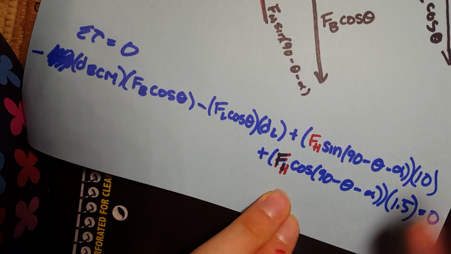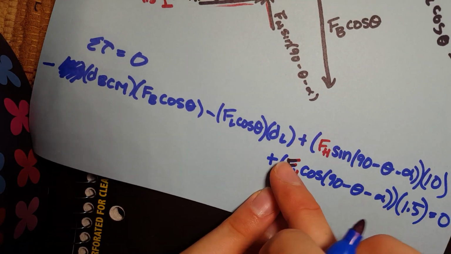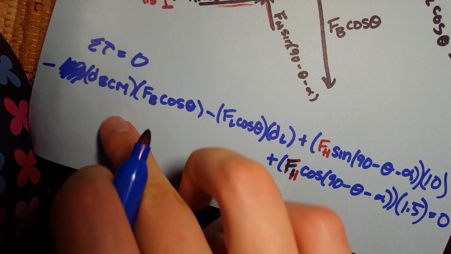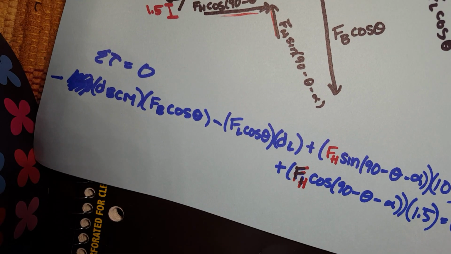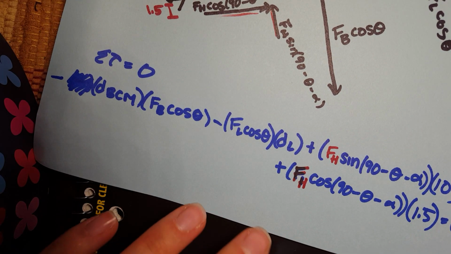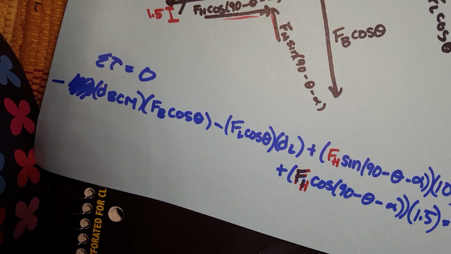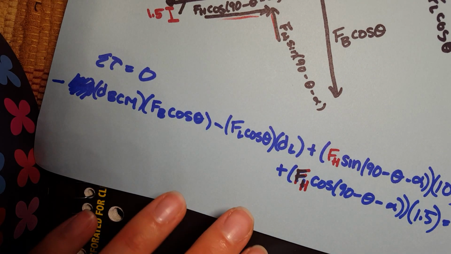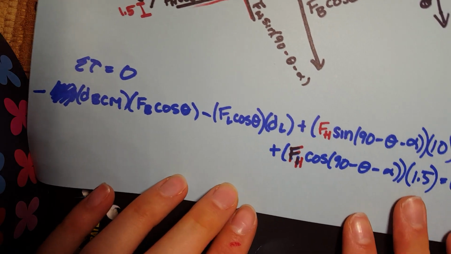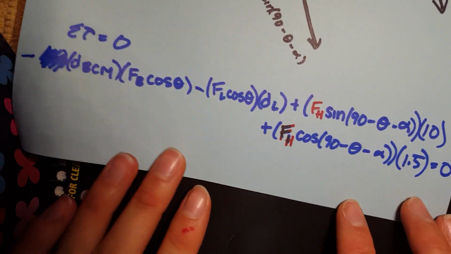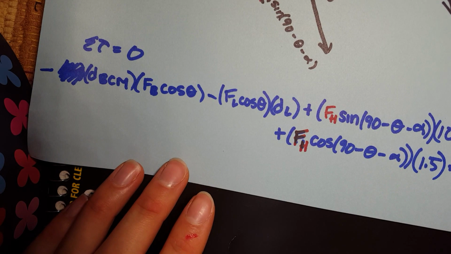Once you do that, you have your FH. You can add both of these to the other side, and you can get an equation in terms of FH. So let me write that equation in terms of FH, and you look at it and see if the algebra that I took to get there makes sense to you. And if it doesn't, this is another thing I would like you to come talk to me in class about.